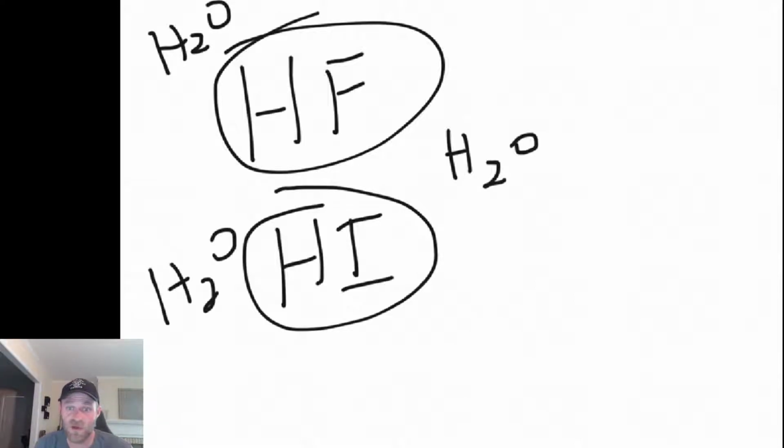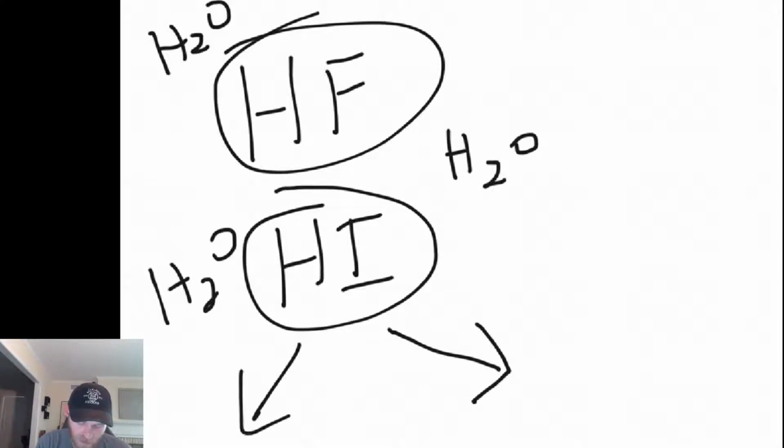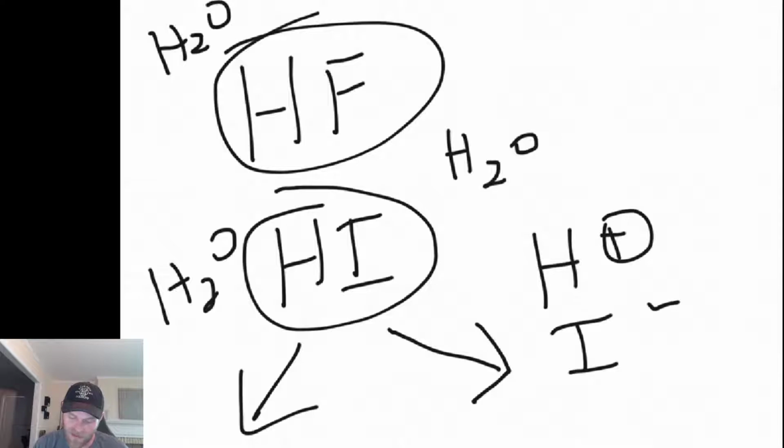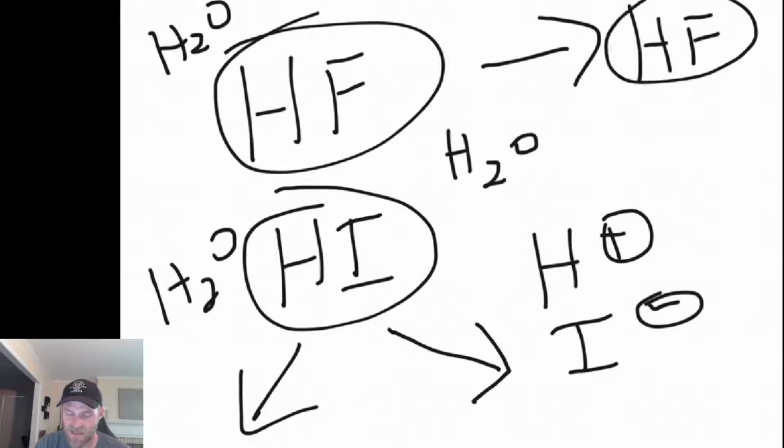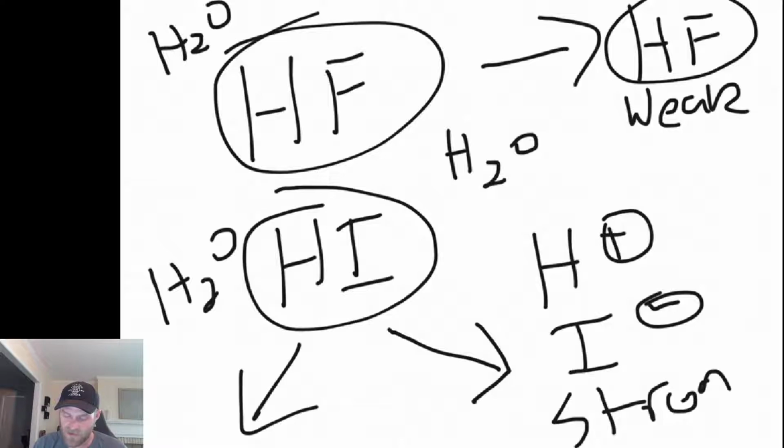So what happens with a strong acid is this splits apart always and forever, and it'll become H plus and I minus, okay? Now the HF, it may split apart, but more than likely it's going to stay together as HF. So this is the weak acid that only breaks apart sometimes, and the strong acid always breaks down. Okay?